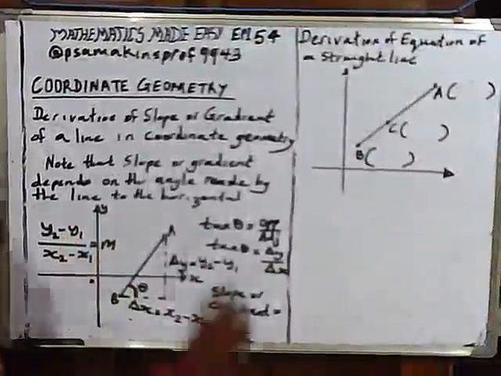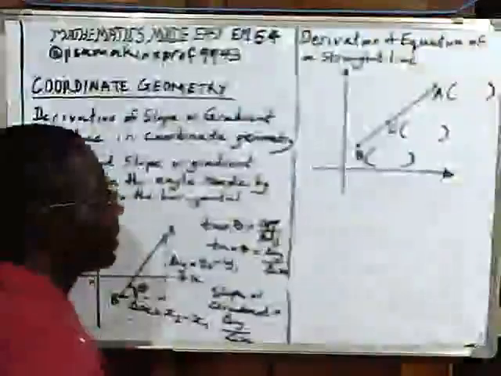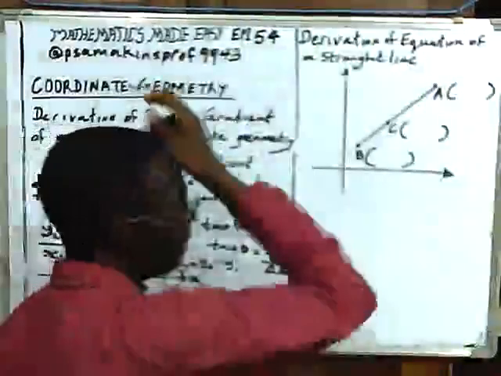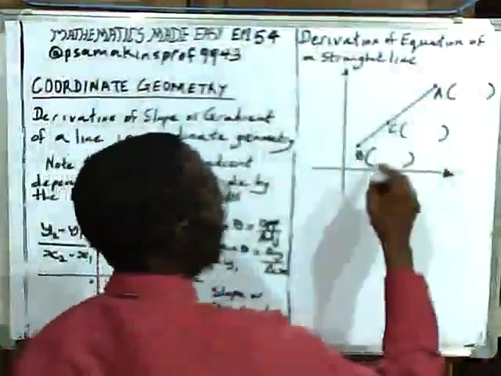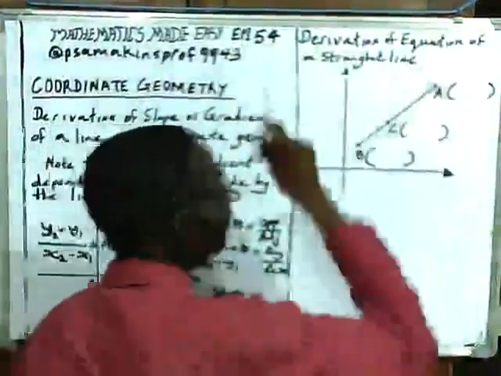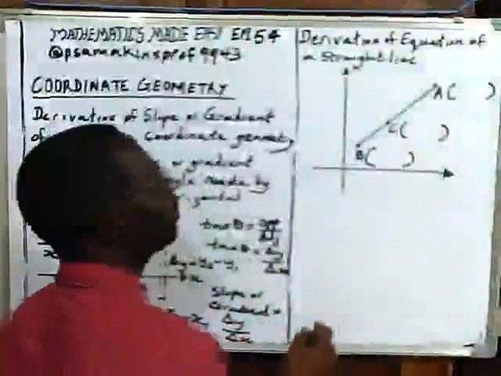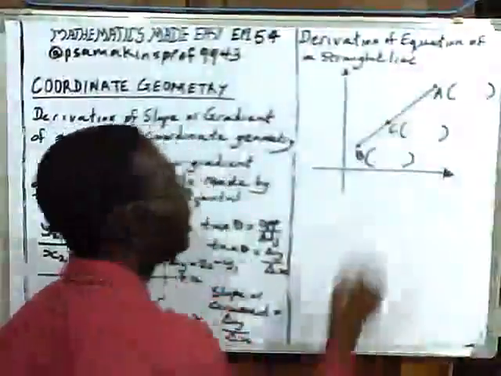So let's go to the derivation of the equation of a straight line. Note that the slope at any point in time of a straight line will be equal to each other, no matter where you take the point from.